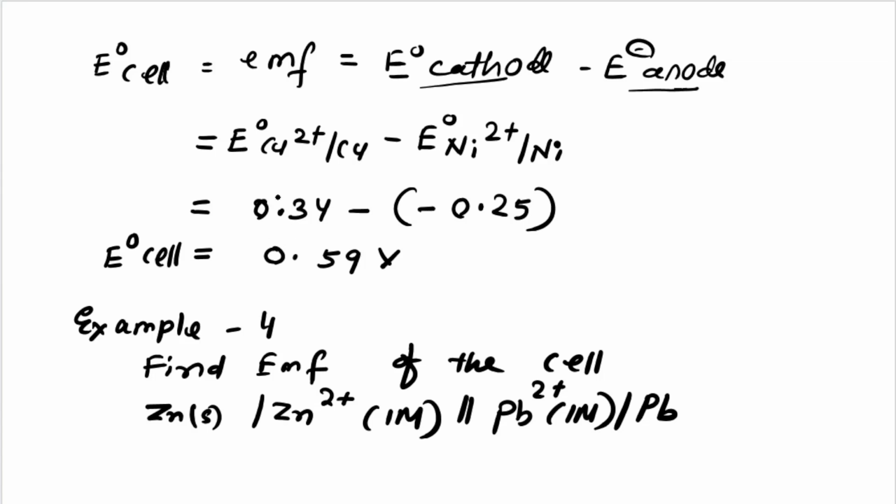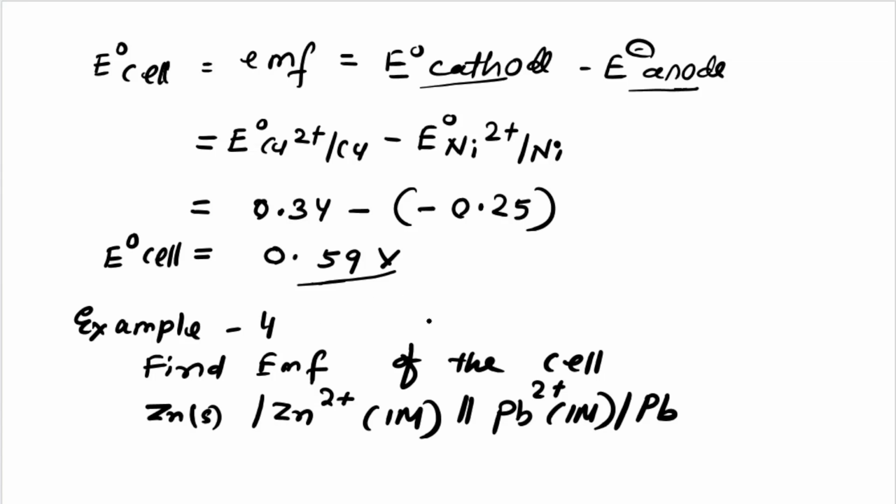So you put the value here, the higher value 0.34 for cathode, and the lower value, minus 0.25, for the nickel electrode. So E0 cell, simply make a subtraction, you get 0.59 voltage. See, it is a positive one. Positive means it works properly, a feasible reaction.